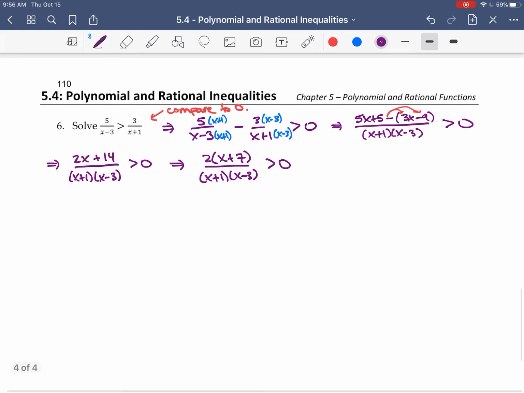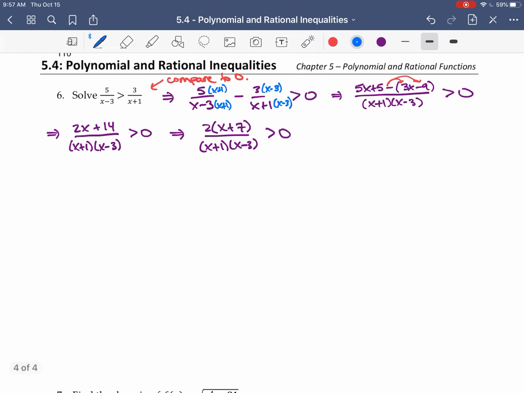Let's call this thing f of x. So we want to solve f of x bigger than 0. So we want to find where it is equal to 0. That's when the top is 0, which is when x plus 7 is 0, so x equals negative 7.